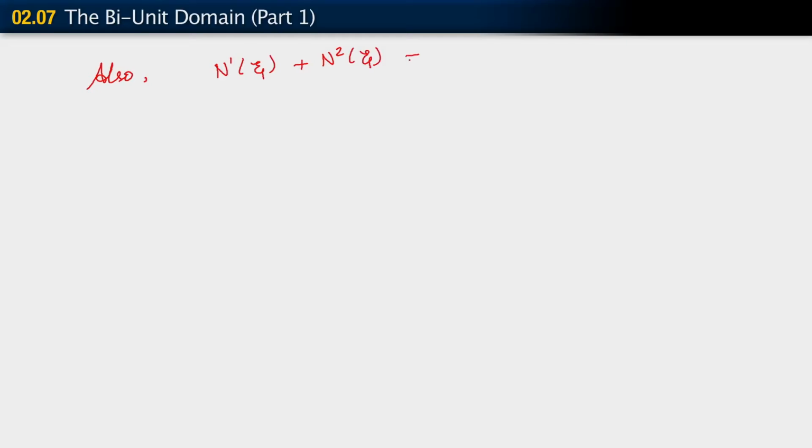Very simply, this is (1 minus c)/2 plus (1 plus c)/2, which is 1. So at any point in the domain, these basis functions add up to 1. This is important because it makes sure that we can at the very least represent constants. So this is an important property.